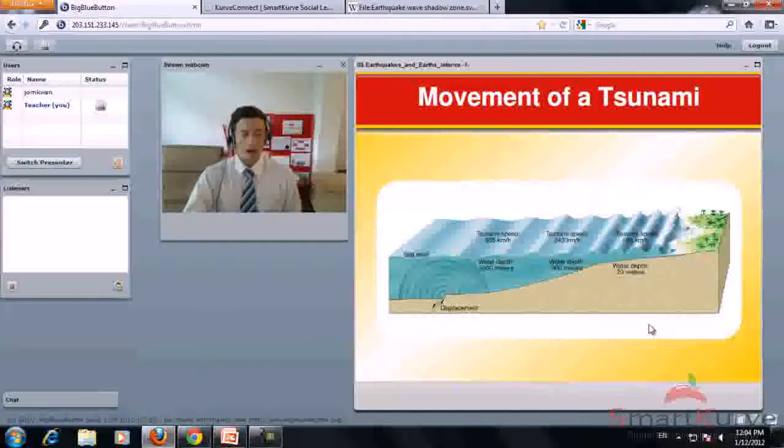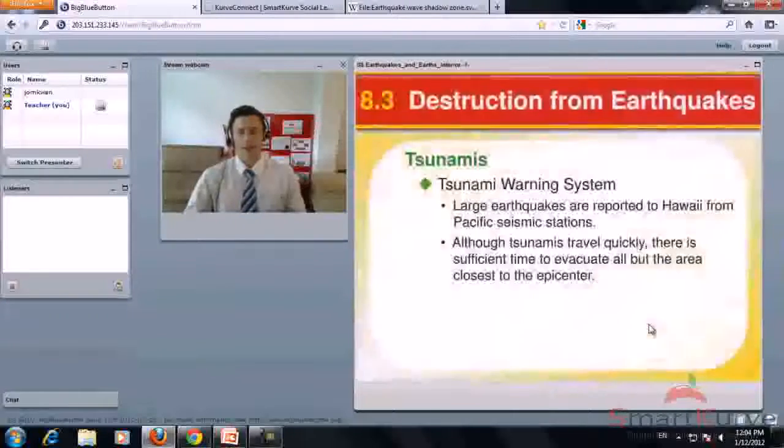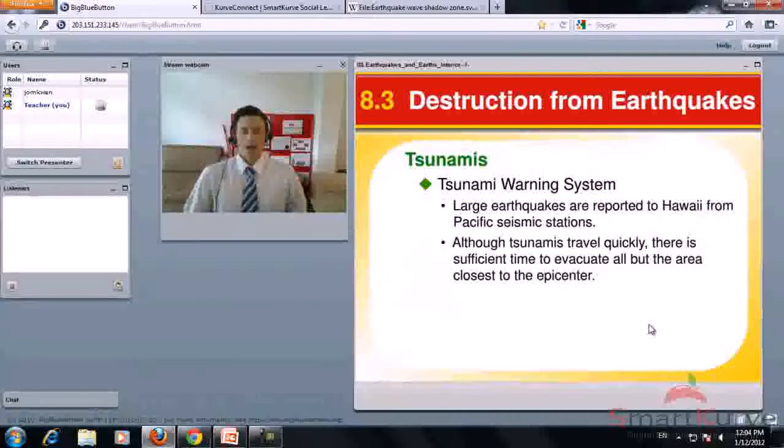And again, the same situation: the tsunami caused more damage than the earthquake itself. On the next page, we see a tsunami warning system. Large earthquakes are reported from seismic stations. Although tsunamis travel quickly, there is time to evacuate.